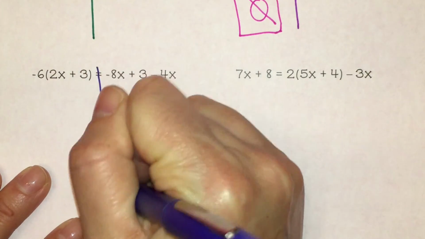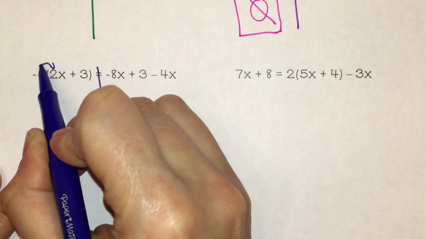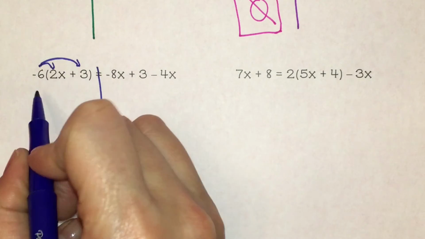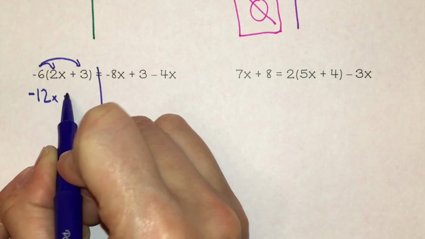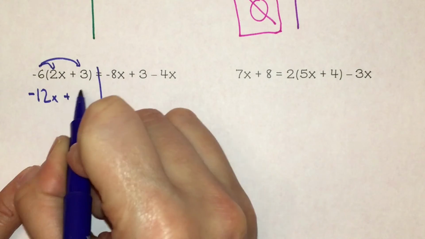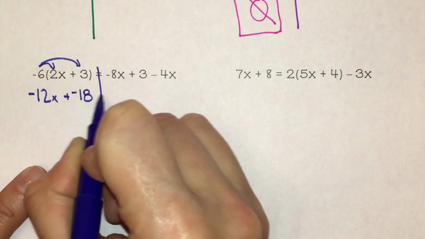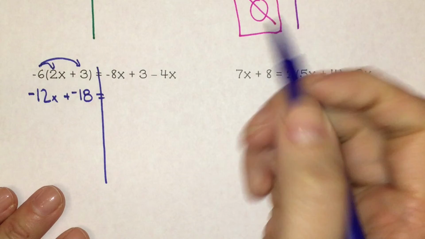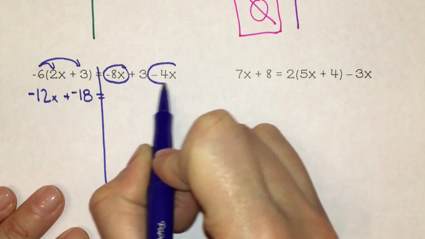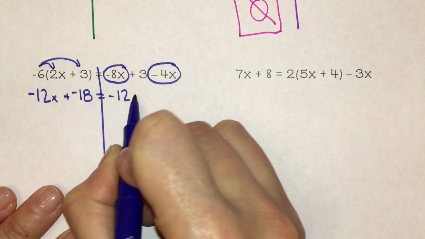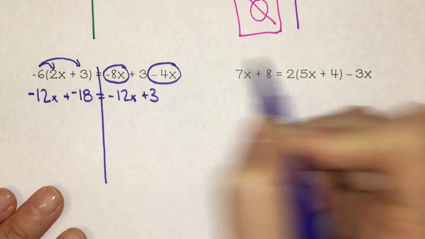All right, so on the left, we're going to distribute negative 6. Negative 6 times 2x is negative 12x, plus negative 6 times 3, negative 18, equals, we have a negative 8x minus 4x is negative 12x, plus 3.